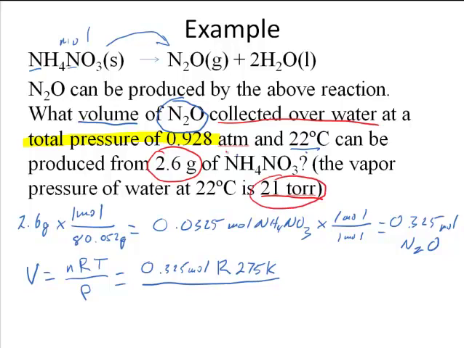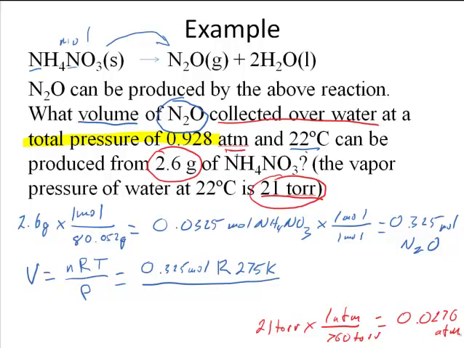Now, obviously we have an issue here, right? Atmospheres and torr. We've got to change one into the other. So I'm going to change my 21 torr into atmospheres, and there's 760 torr in 1 ATM, and that's going to give me 0.0276 ATM.